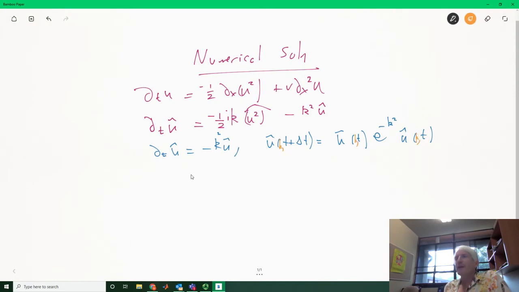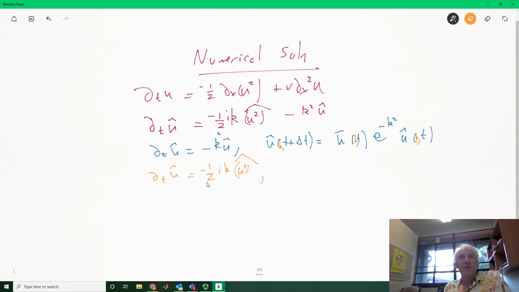All right, so that one's done, and then the other one, dt of u hat is minus a half ik times the Fourier transform of u squared. Well, we've got to do this by some kind of stepping, right?